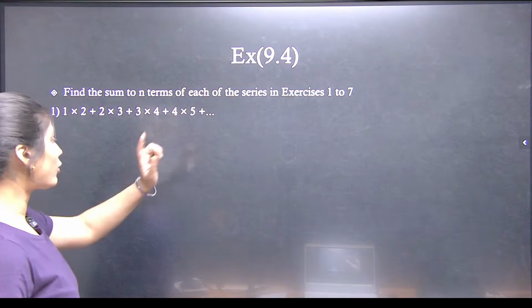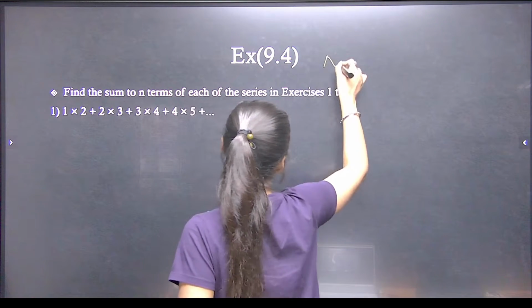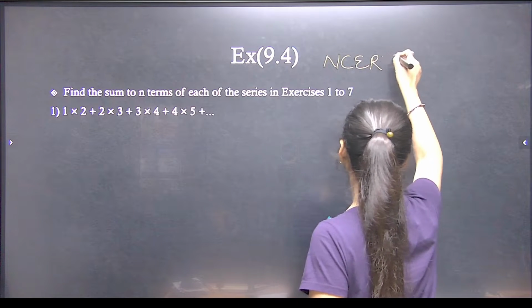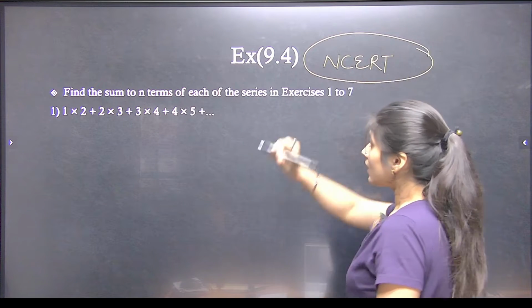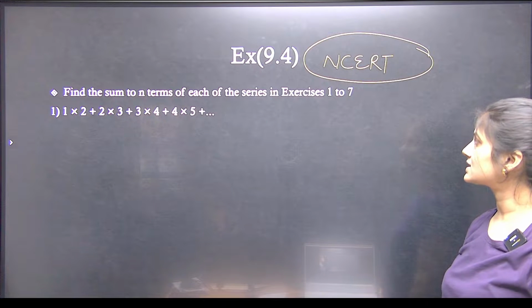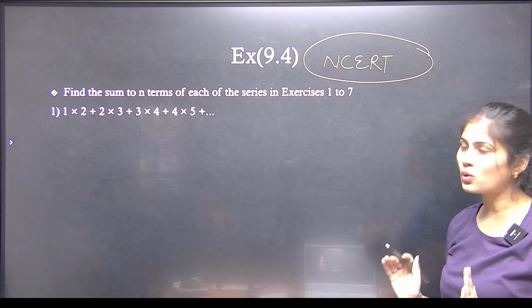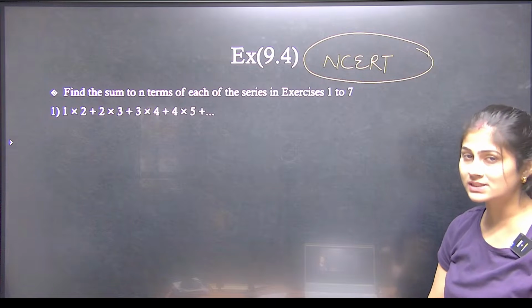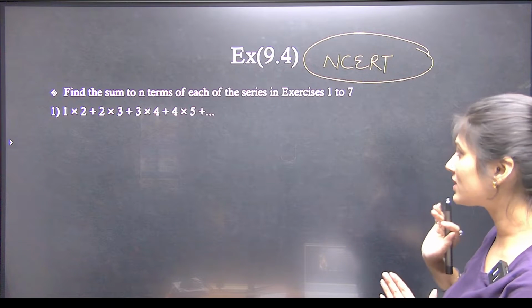Exercise 9.4 of NCERT. Now find the sum to n terms of each of the series in exercises 1 to 7. In this exercise, you will see that the pattern of the question is quite different.